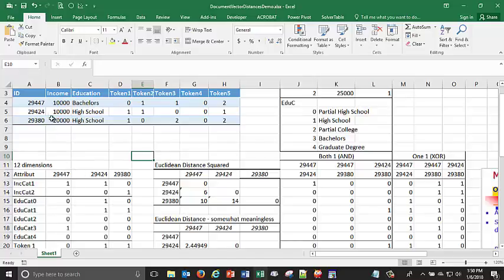So for 29,447, category 0 is 0 because that's not the category. Category 1 is 0 because 1 is high school, and 29,447 is bachelor. Category 2 is partial college, so it doesn't belong to 29,447.